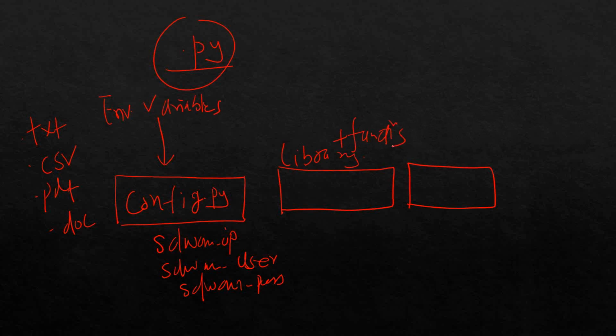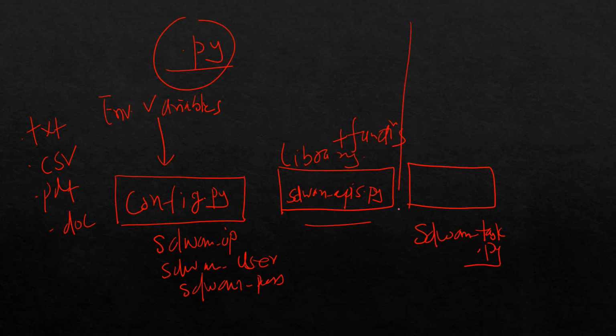Library plus functions I have written there. So here you can name it, say, SD-WAN underscore APIs.py. You can give any name. So one file is your library functions, and then finally you can execute the task. So SD-WAN underscore task dot py.